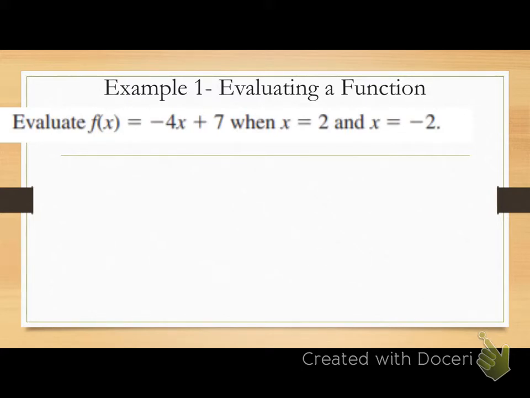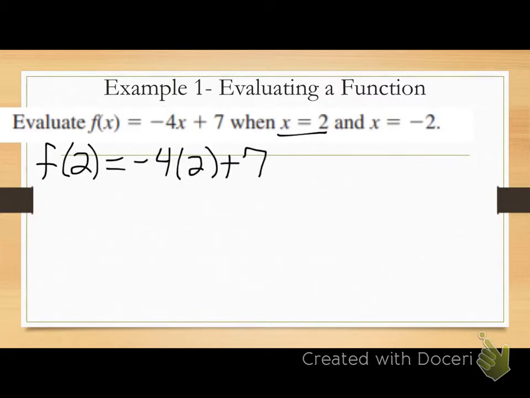I've got to substitute my 2 in for x equals 2, right? So how I'm going to do that is I'm going to replace all my x's, including in the f of x, with 2. So now I'm finding the function when x is 2. So I'm finding f of 2 now.